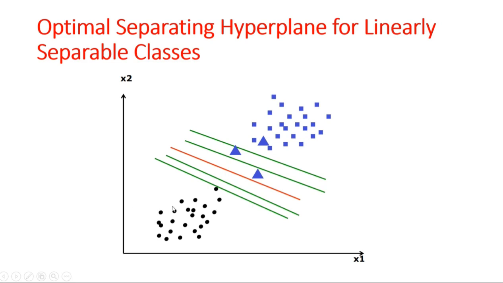That is how you need to understand classification. Classification means you need to construct an optimal hyperplane separating the two classes. Here there are only two classes. This is a simple case.